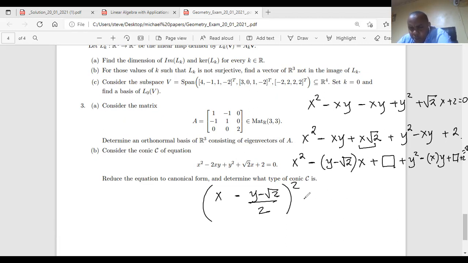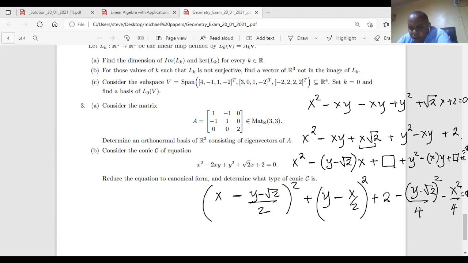And then this is going to be plus y minus x over 2 squared plus 2 minus y minus the square root of 2 squared over 4 minus x squared over 4 equals 0.